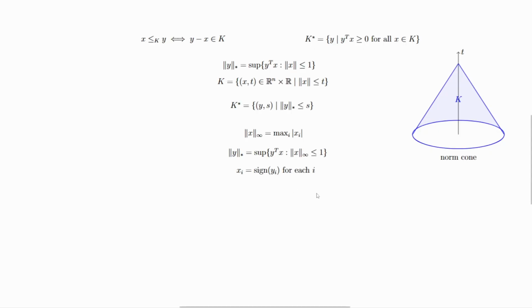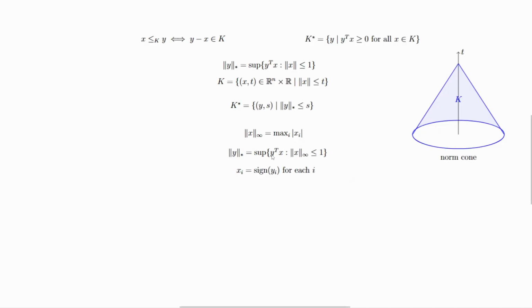So we should notice that this assignment satisfies the constraint, and what it does is it converts y transpose x into a simple addition of absolute values of the components of y.